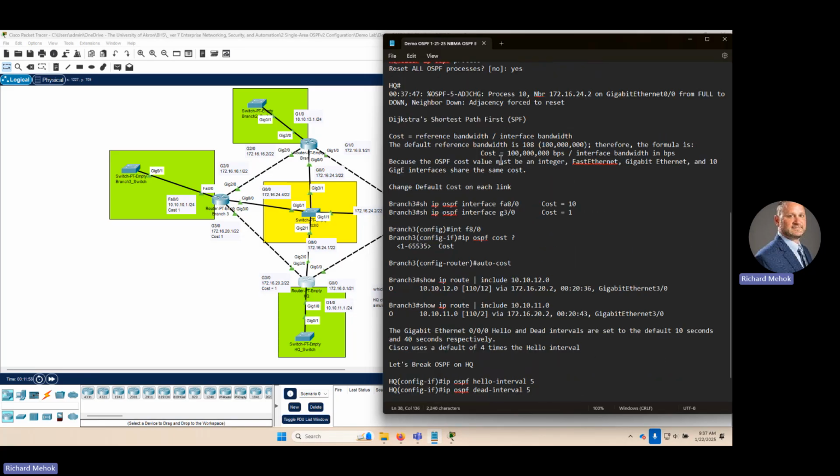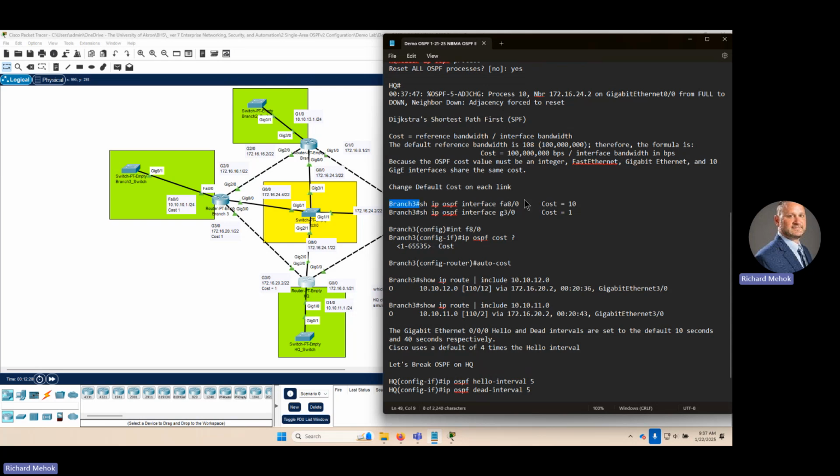So when we look at the open shortest path, it's Dijkstra's shortest path. It's based on cost, and it's based off the bandwidth. But the problem is when you do the math, Fast Ethernet, Gigabit, and Ethernet all kind of see the same cost. So let's look on Branch 3.